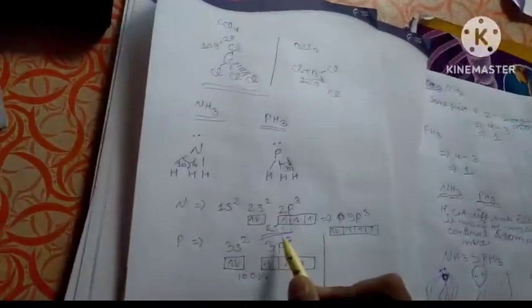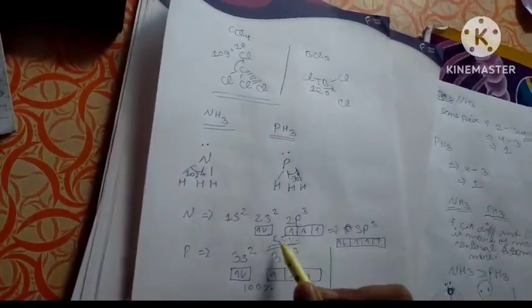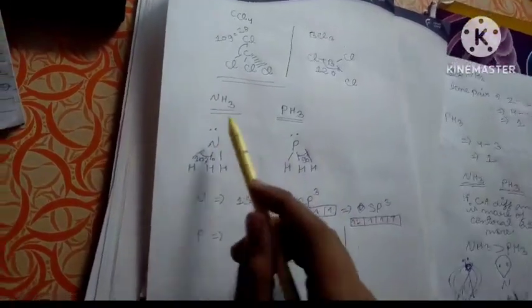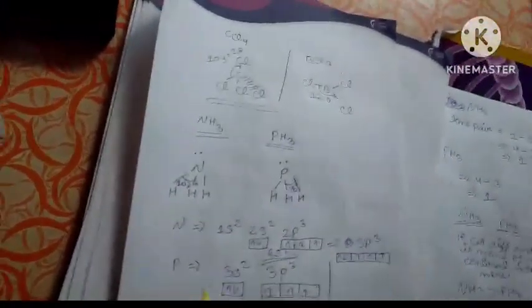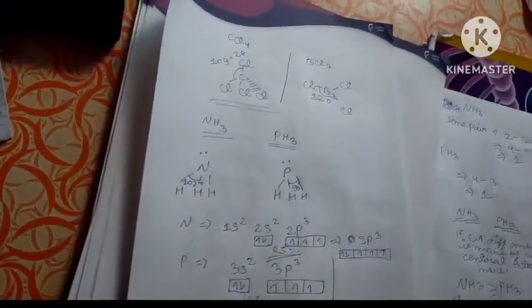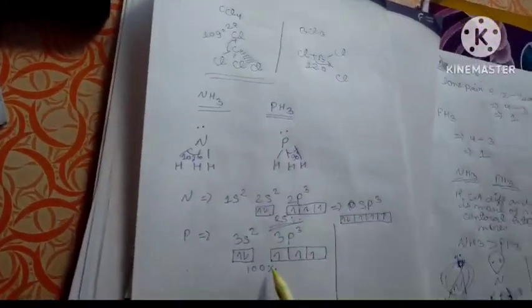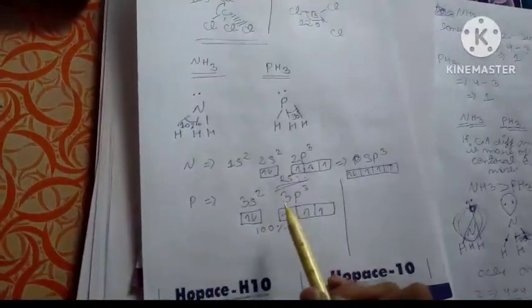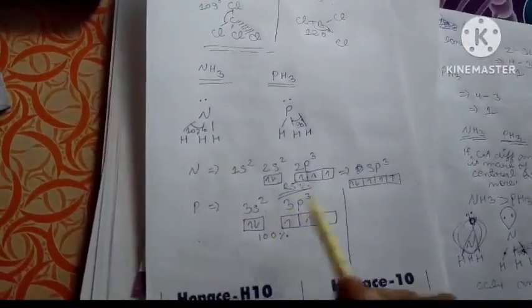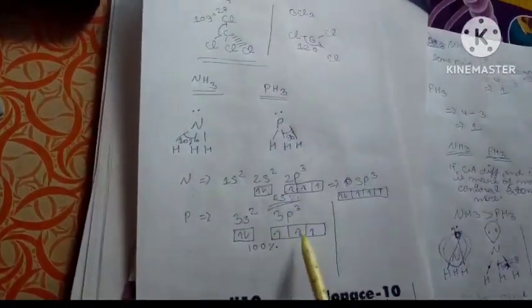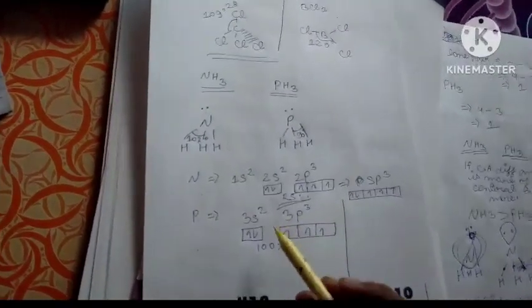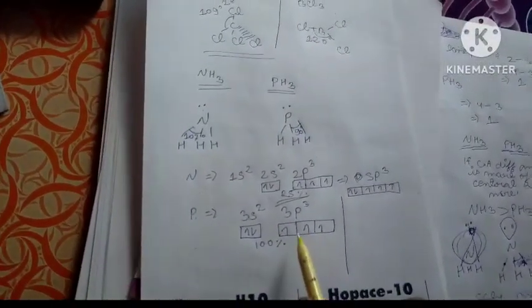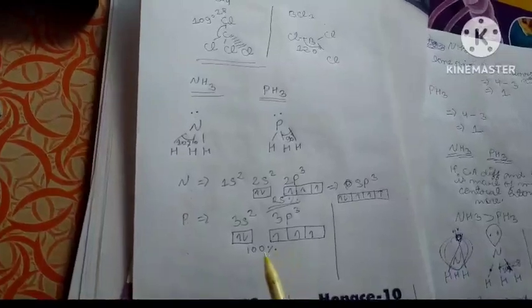That's why it will undergo hybridization to make NH3. But in the case of PH3, it has 100% character of the one electron pair, and it will not share its electron with any orbital. So no hybridization will take place in PH3, right?